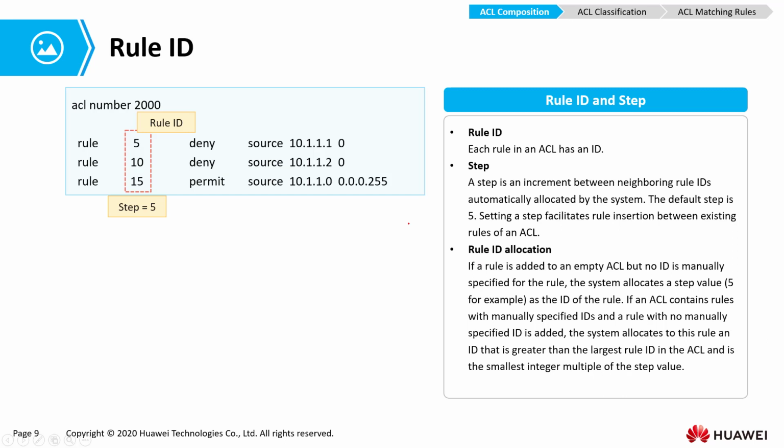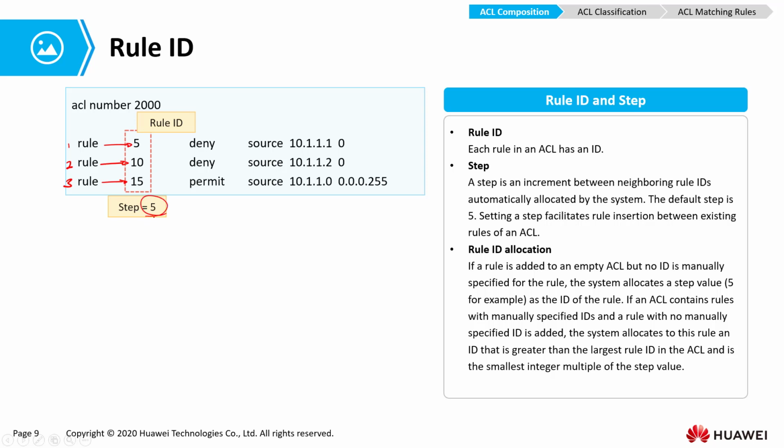I mentioned earlier that every ACL rule is going to be identified by a rule ID. We can see in this case, we have the first rule, the second rule, the third rule. The first rule has been numbered 5, the ID is 5. The second rule is 10. You can see the spacing between these rules is 5, and it is called the step.